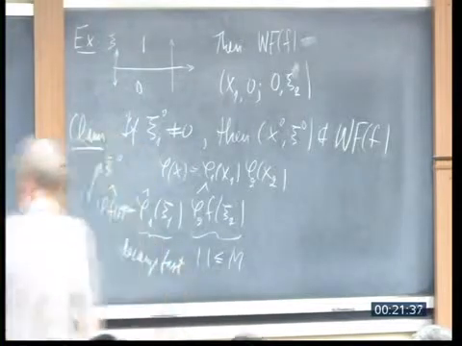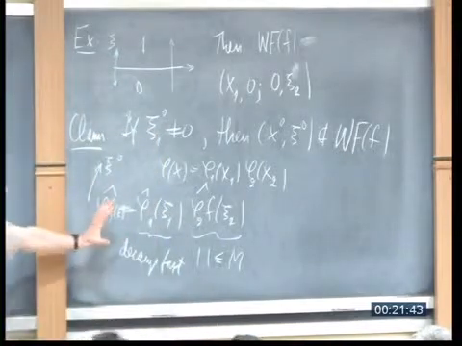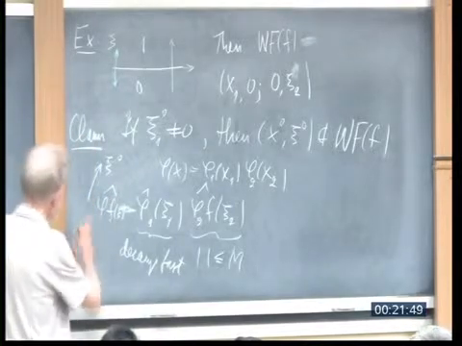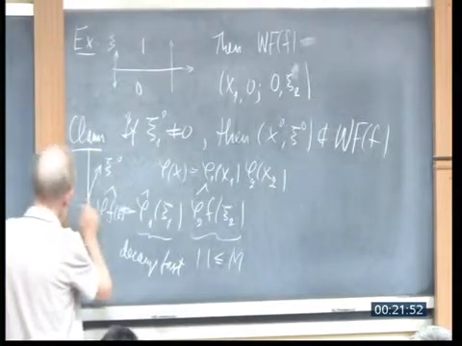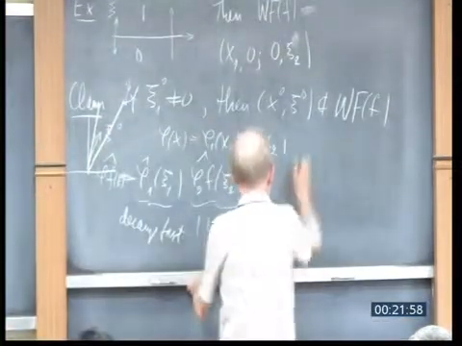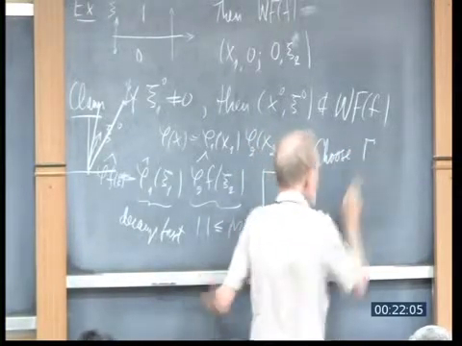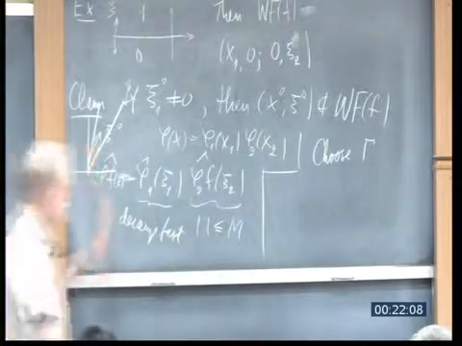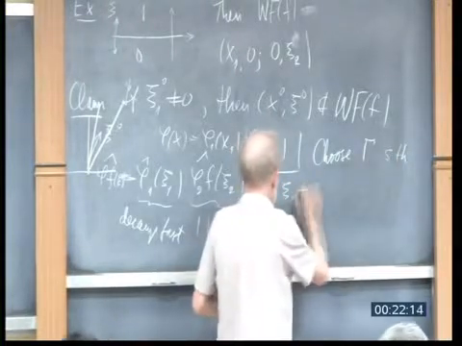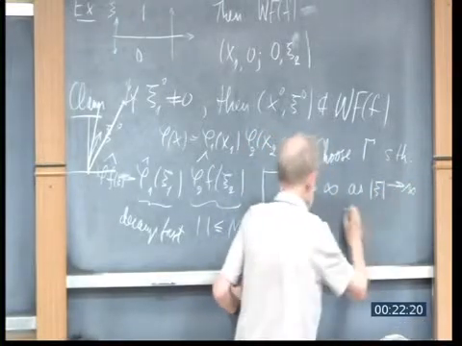So this means that we have to choose gamma. We choose gamma, a neighborhood of xi0, so that xi1 necessarily tends to infinity as xi tends to infinity with xi in gamma.